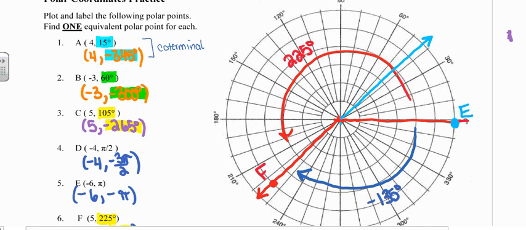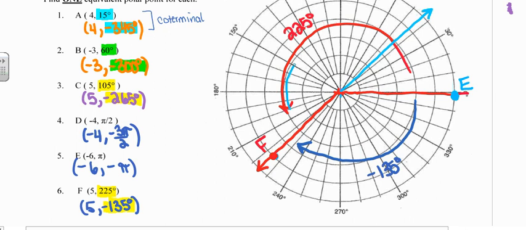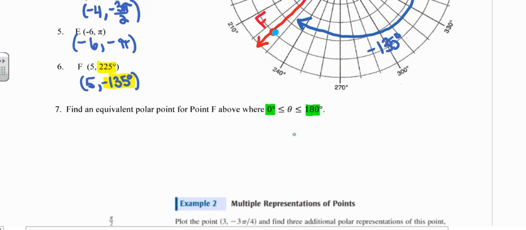So if we were to end up on that blue ray, but instead of a positive radius, I counted a negative radius, well, that would end me right up at point F. So I'm simply going to go halfway around the circle, or subtract 180 from that 225, and subtracting 180 from that 225 is going to land me here at 45 degrees. So if I were to go 45 degrees, but with a negative radius, I would reflect through the pole and end up at that exact same point.